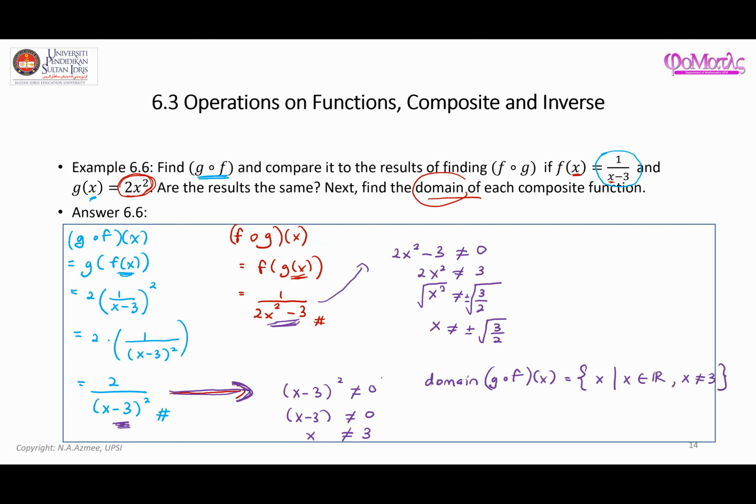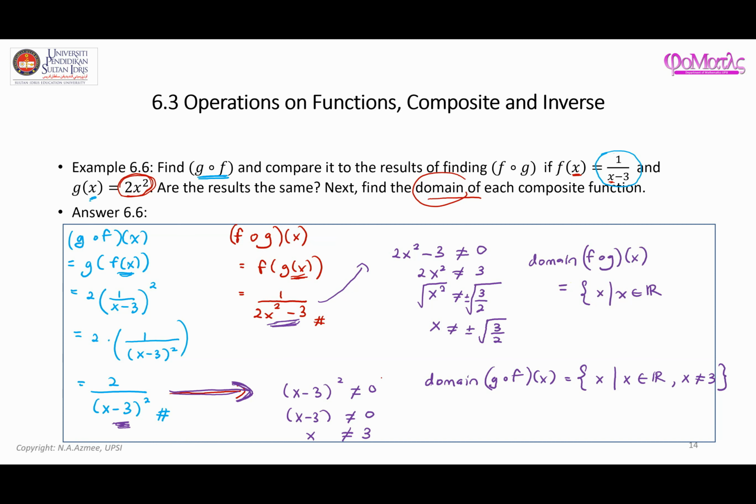How to write it formally? We can write the answer formally as domain of f compose g of x is equal to the value of x such that x must be a real number. x can be whatever value from negative infinity to infinity, it's okay.